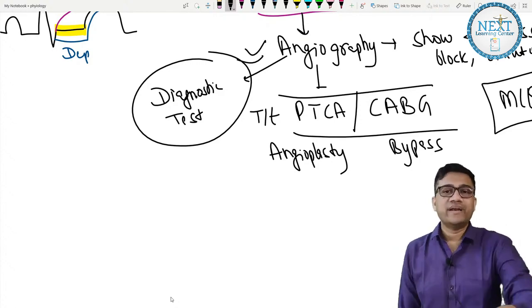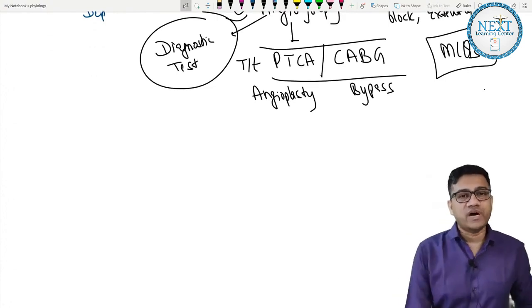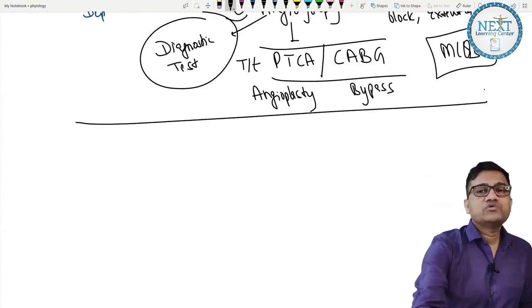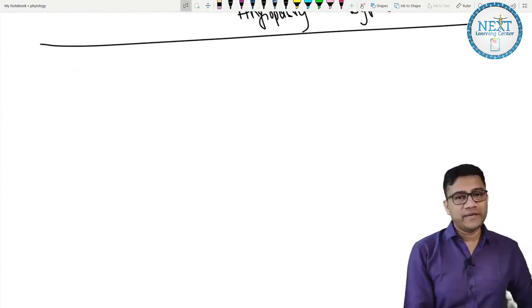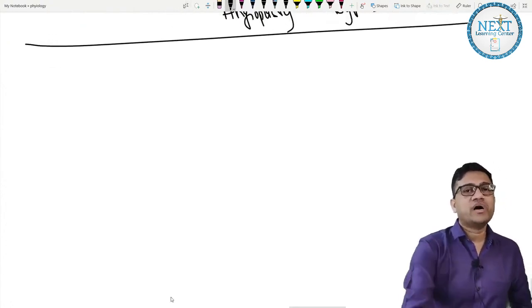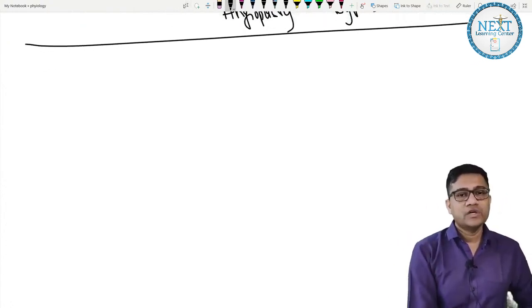But before that, let me give a brief anatomy of the heart before the cardiac cycle. First, make a diagram like I am making and try to understand what I am trying to accomplish here.